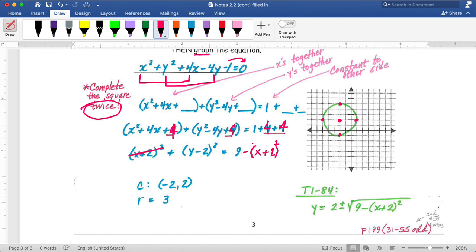So this I took over here by subtraction. This I got rid of by square root. And then this I got rid of by adding. So there's my 2 plus or minus the square root of 9 minus the quantity x plus 2 squared. This would be the top of my circle, 2 plus that, and this would be the bottom of my circle, 2 minus that.